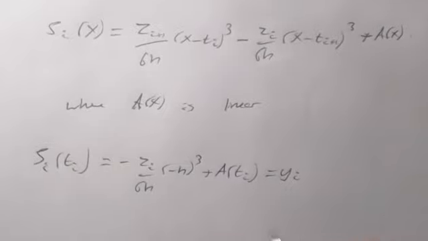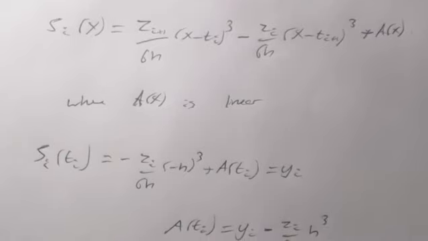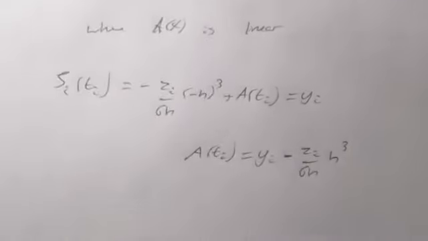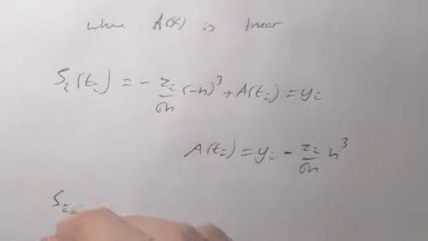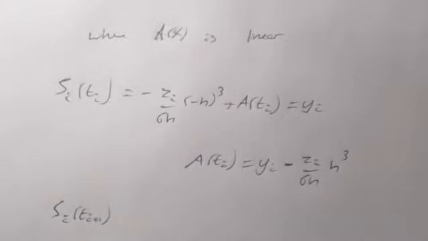So we know that a evaluated at ti is equal to yi minus zi over 6h cubed, and also we know that si evaluated at ti plus 1.